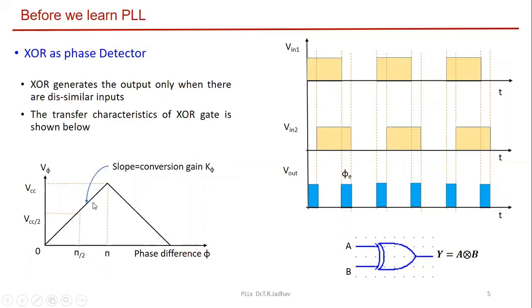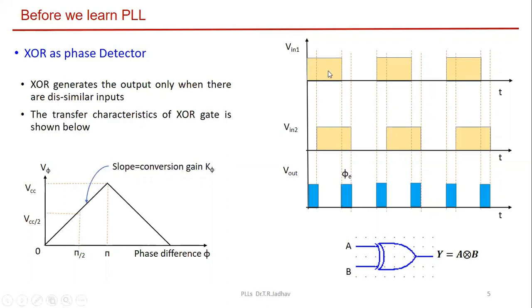But how long this will continue? What will be the maximum output that you can get? Now maximum possible phase difference which can be generated in this case will be when both the signals are 180-degree out of phase of each other.